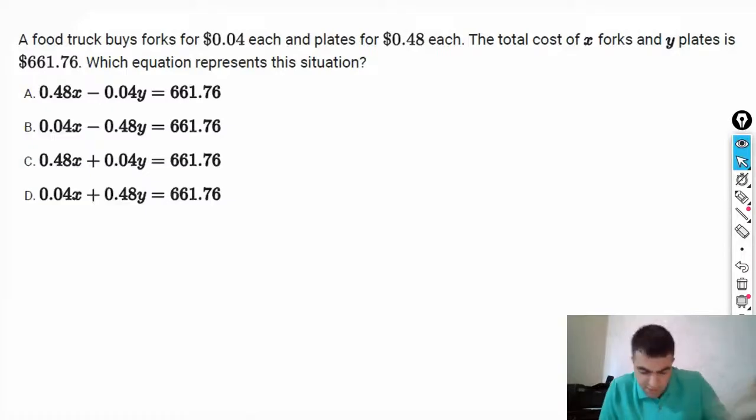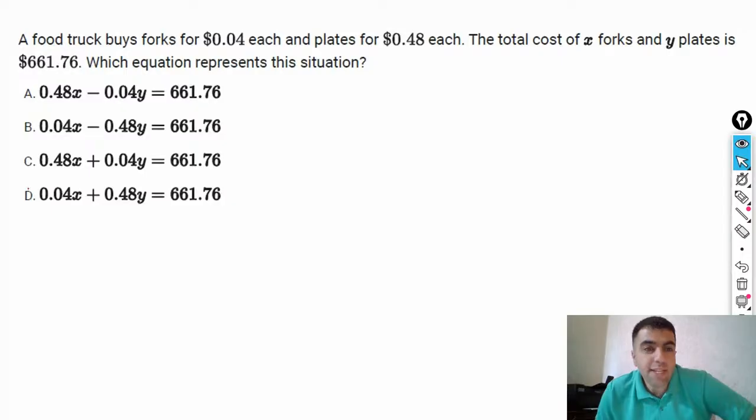Mr. Saib, Mr. Turan says the answer is D. And Mrs. Seljan said D. Yeah, guys, you are right.